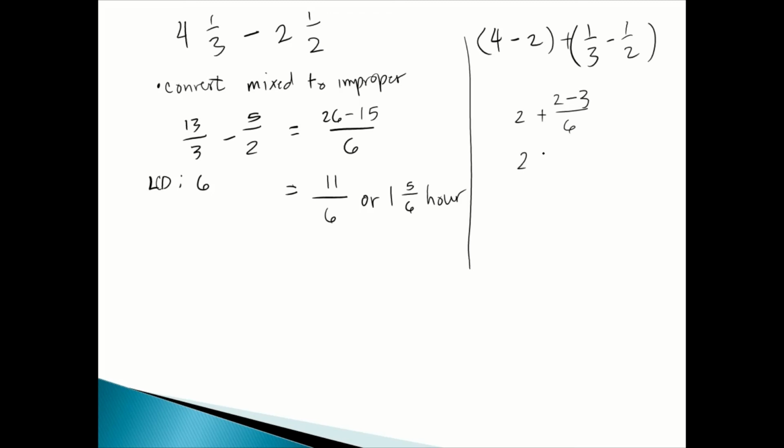After that, that's 2 plus negative 1 over 6, right? As you can see, this is quite complicated because this is a fraction and a whole number. And when you add that, you need to convert it first into a fraction, which means it will become 12 over 6 minus 1 over 6. So you will get 11 over 6.